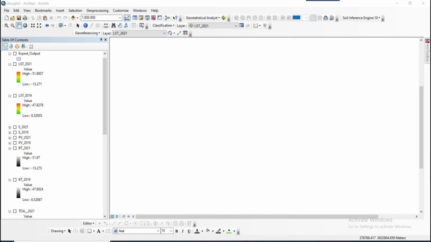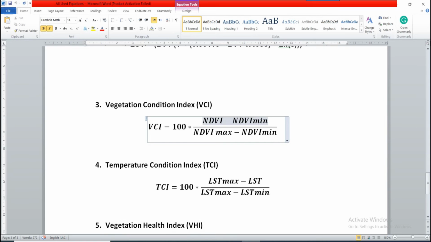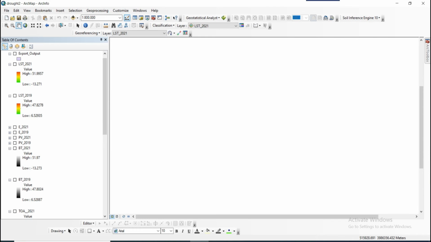Now we will jump to the next index in this training course, which is the Vegetation Condition Index, or VCI. Of course, in order to calculate these indexes, we need the NDVI for a certain year, and the maximum and minimum values for the NDVI.